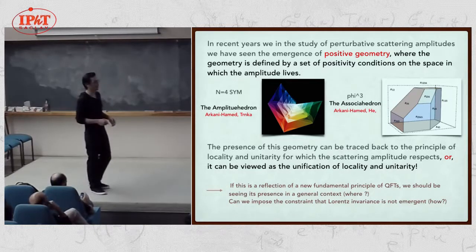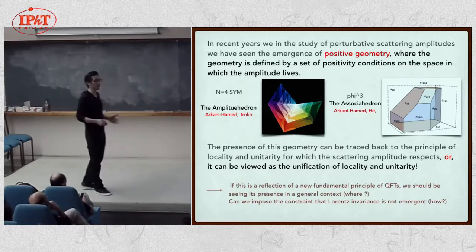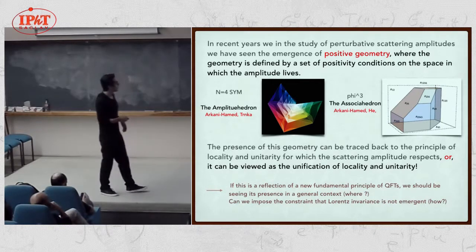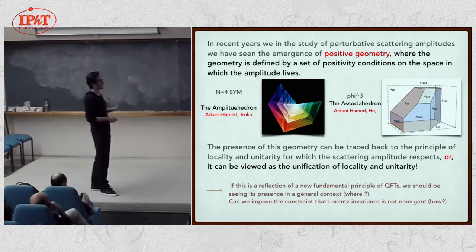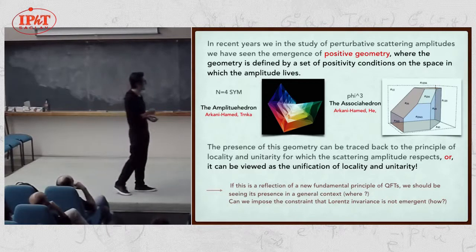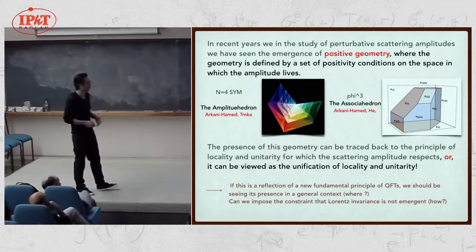And even for the plain vanilla adjoint phi cube theory, there's also a polytope understanding of what the scattering amplitude of that theory is. The presence of this geometry you can trace back to the principle of locality and unitarity of the theory, and these two combined give you this polytope structure.